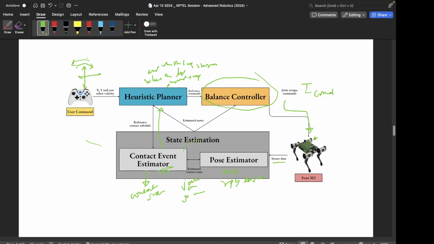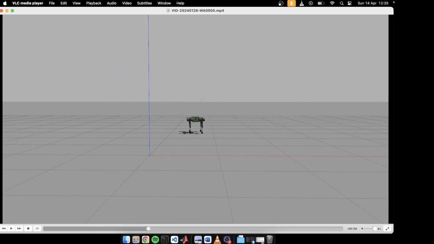In order to take this to hardware, there are an additional set of challenges which come in interfacing the software with the hardware. There are issues such as latency, noise, computational challenges. So we need to take care of all those things too in order to make it work smoothly on hardware also, right?